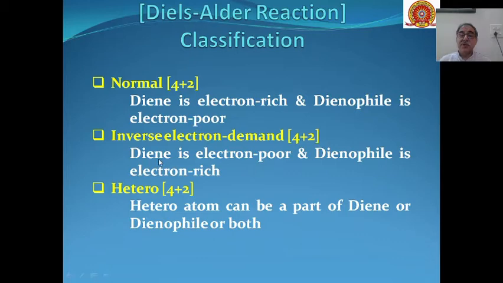Here the diene is electron poor and the dienophile is electron rich. In hetero 4+2 cycloaddition reactions, a heteroatom can be part of the diene or dienophile or both. All these three types of reactions are classified as Diels-Alder reaction.